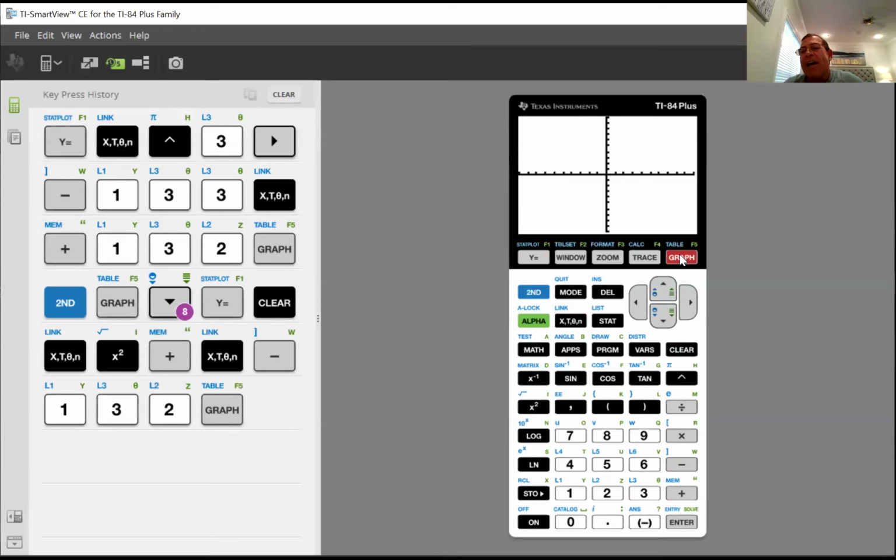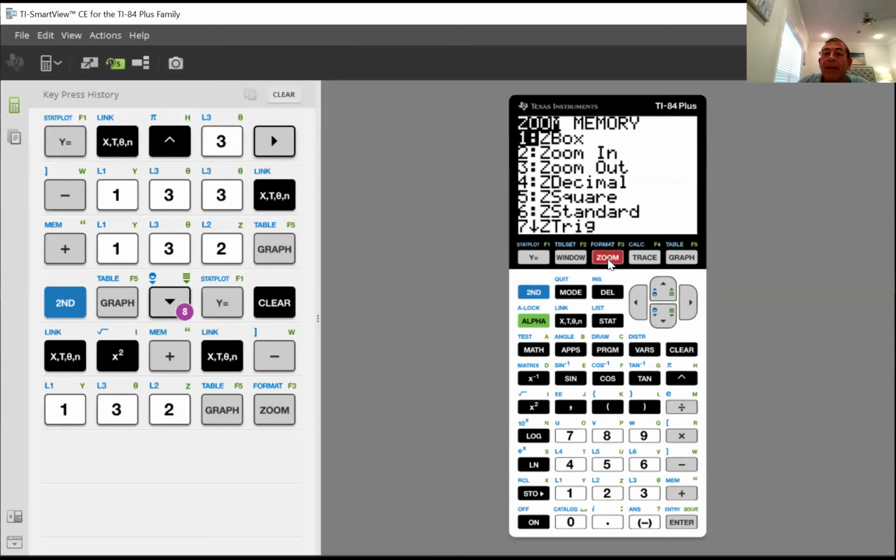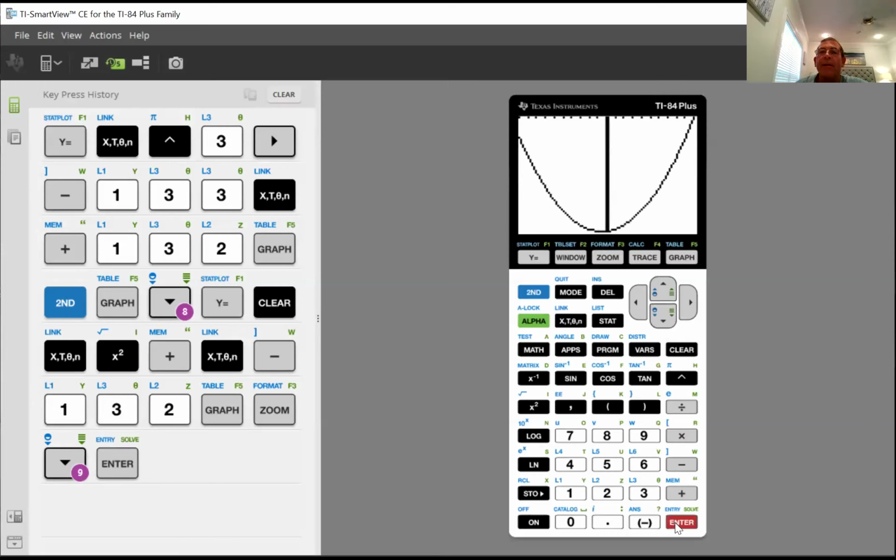Now, do y'all see how I don't see anything? Let me show you a trick. I'm going to go to zoom, and I'm going to arrow down until I get zoom fit. Zoom fit, when I hit enter, you can see it's now crossing 2 places on my x-axis. One's on the negative side and one's on the positive side.